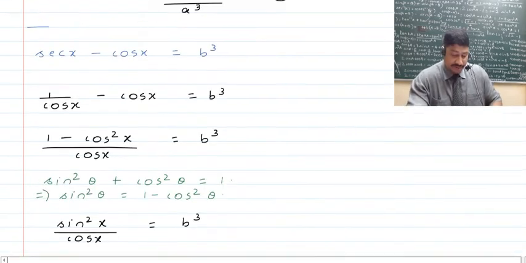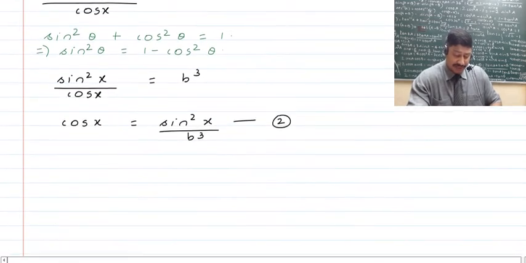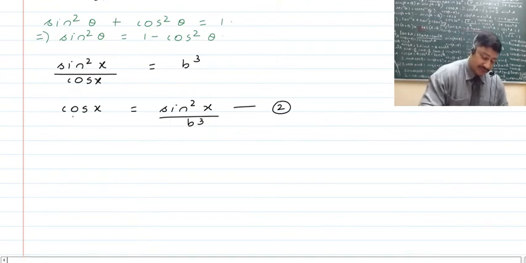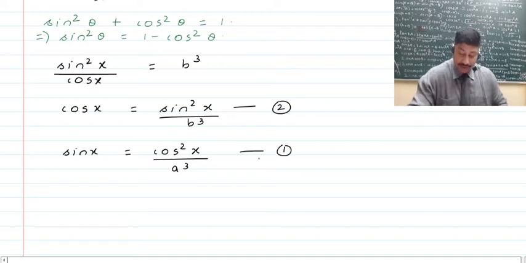So remember here, from the earlier equation we already have the value of sin x, which we can substitute in the second equation. So the value of sin x, which is cos square x upon a cube, is going to be substituted in the second equation. So we have sin x equal to cos square x upon a cube, which is the first equation, right?